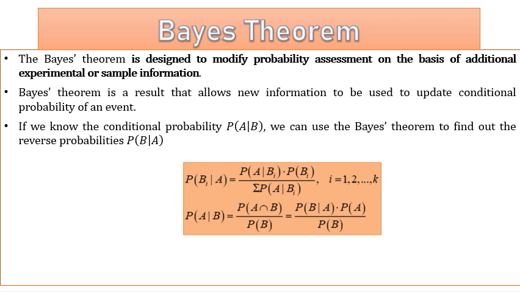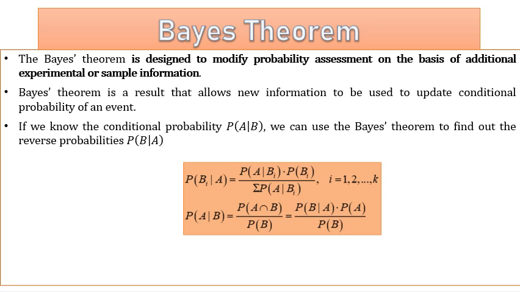We go to the last topic for chapter 4, which is Bayes' theorem. Bayes' theorem is designed to modify probability assessment on the basis of additional experimental or sample information.